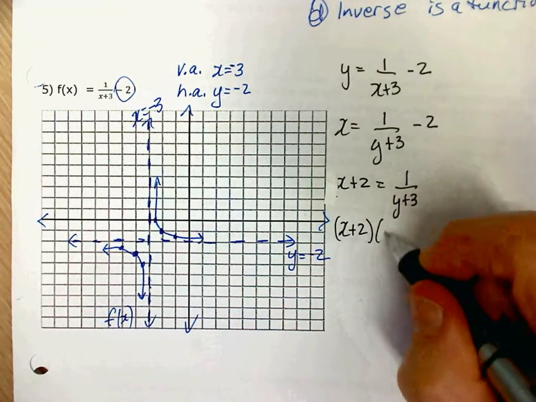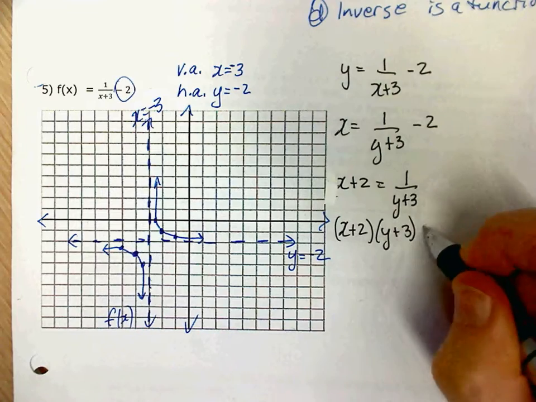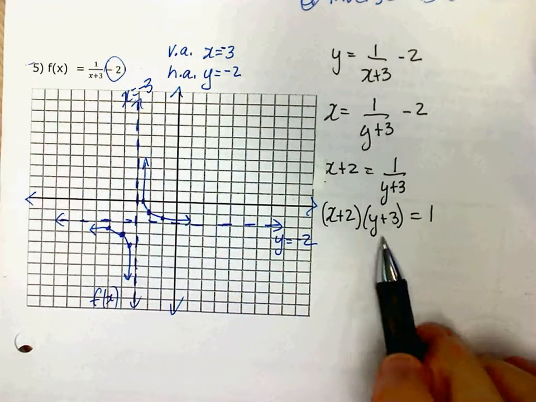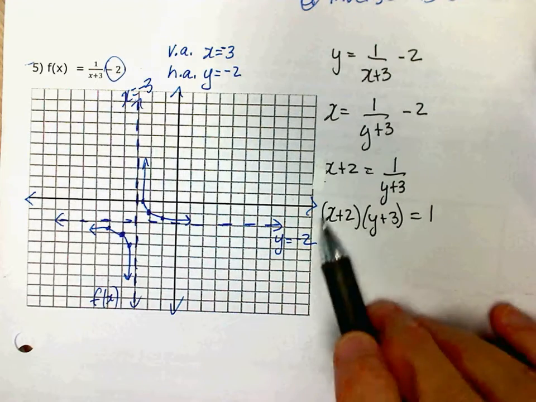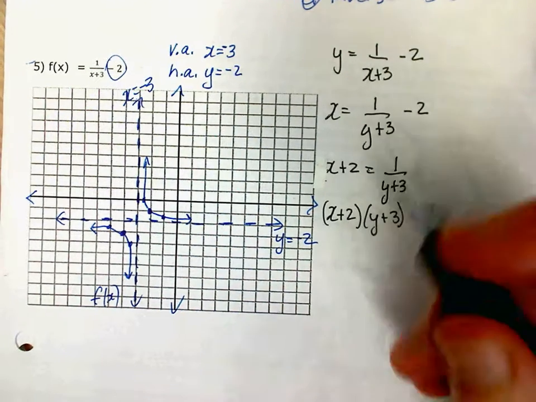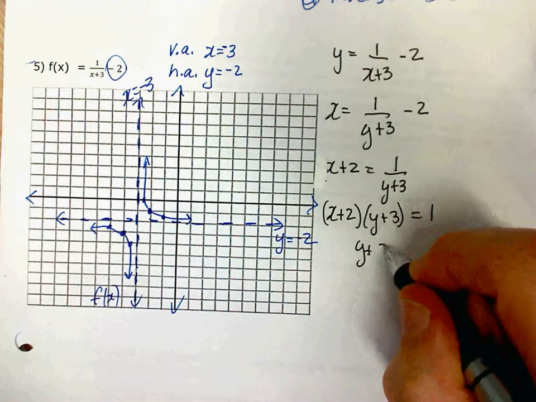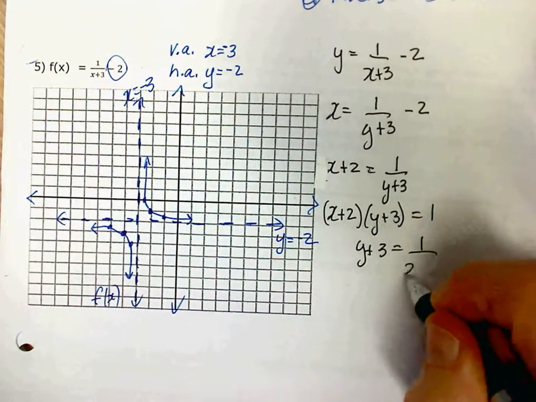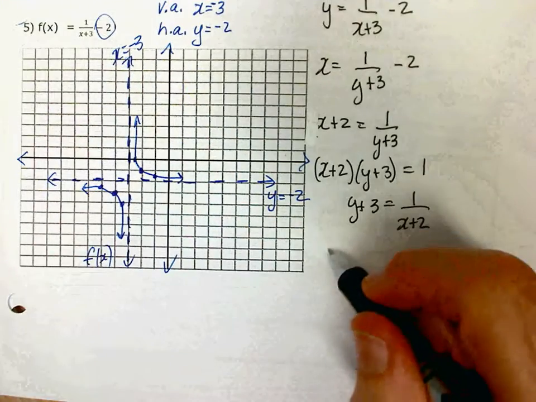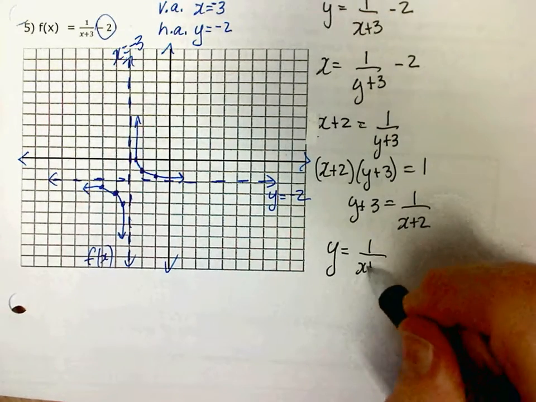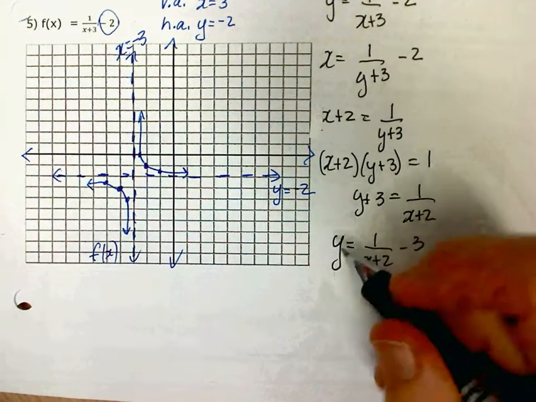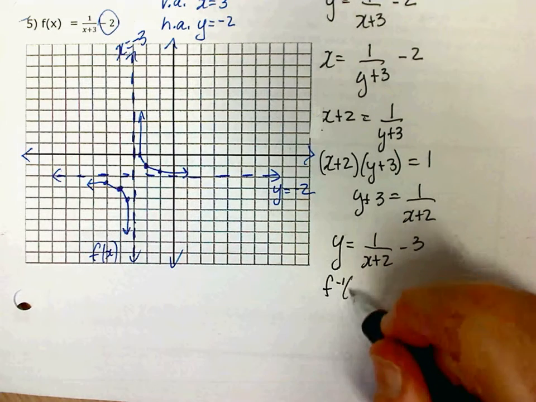I need to solve for y, so I'm going to get rid of this. I'm going to divide both sides by x plus 2. And now I can solve for y. So f minus 1 of x equals 1 over x plus 2 minus 3.